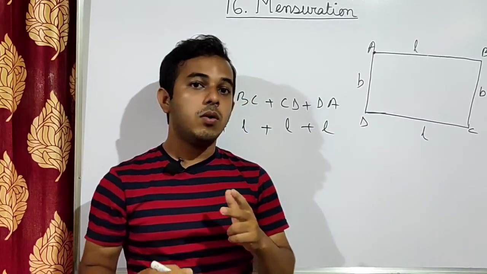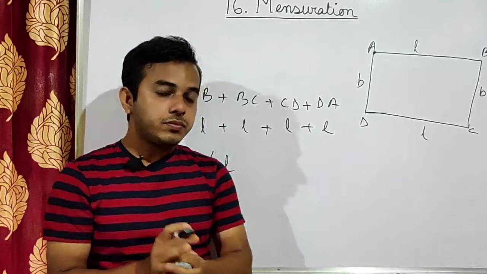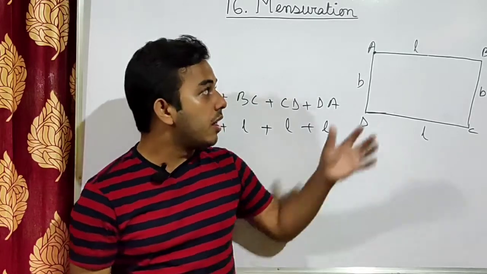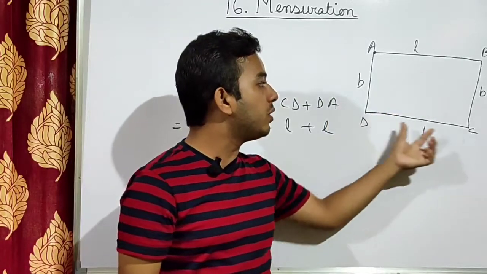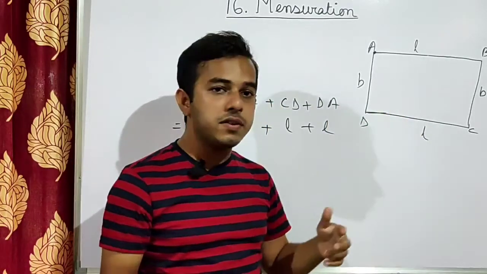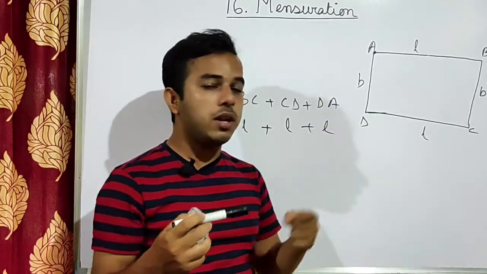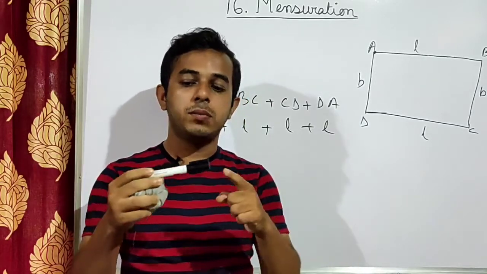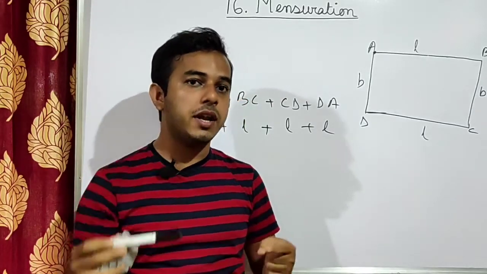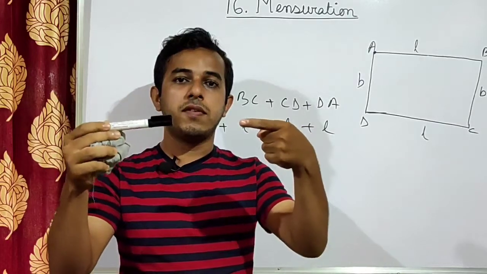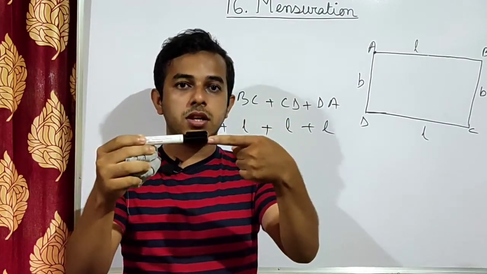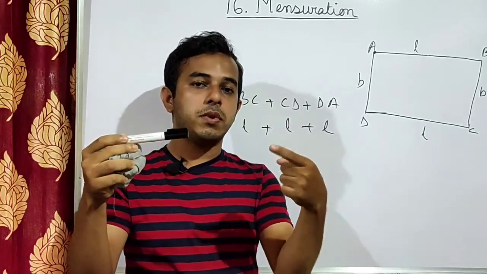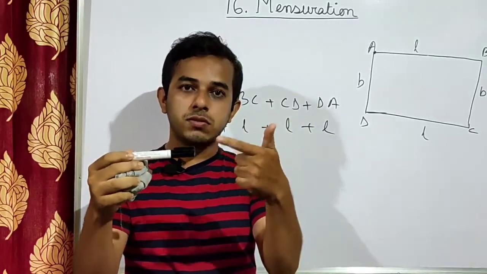Okay. So here AB and DC are facing each other, right? For example, this is our marker and this is my finger. Now both of them are facing opposite directions. The marker is facing towards my finger, and my finger is facing towards my marker.